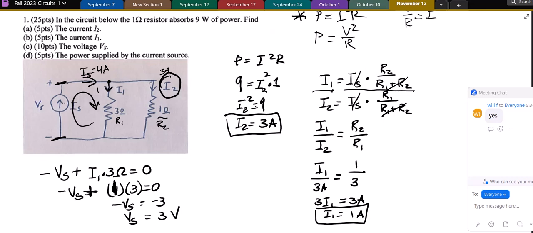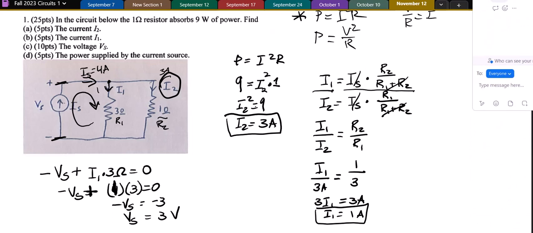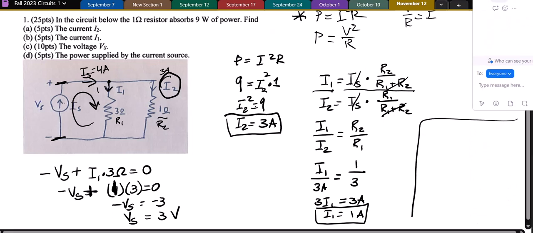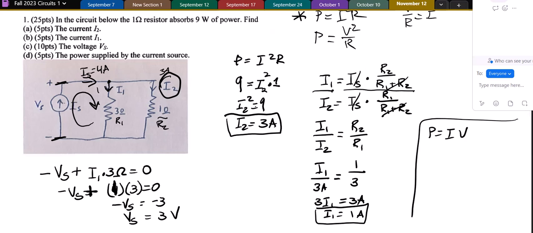And then the last part, the power supplied by the current source. For the power supplied by the current source, I would use P equals IV, and we want the current going in the direction. When I'm measuring the voltage, I'm talking about the current coming in this direction, and when I do that, I'm entering into the negative side of the voltage source.